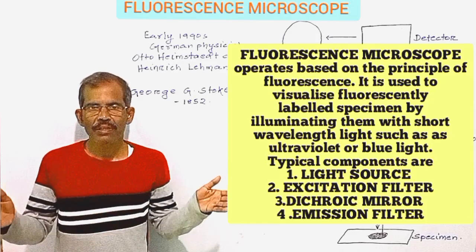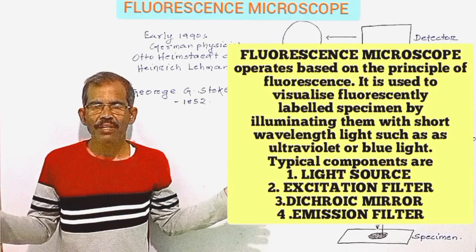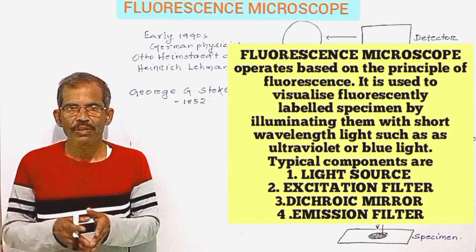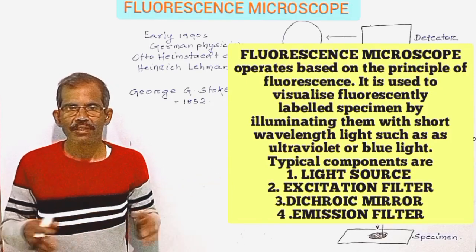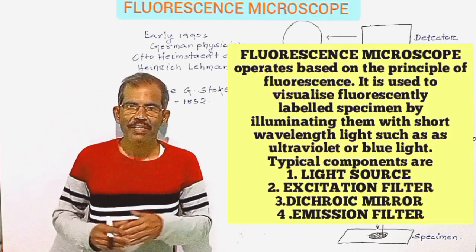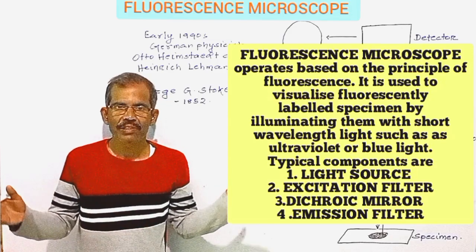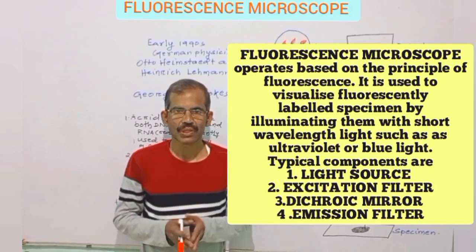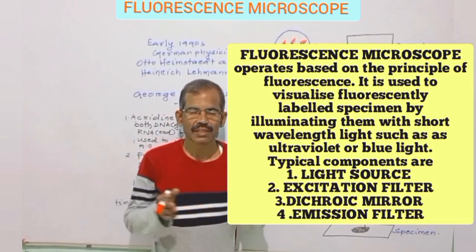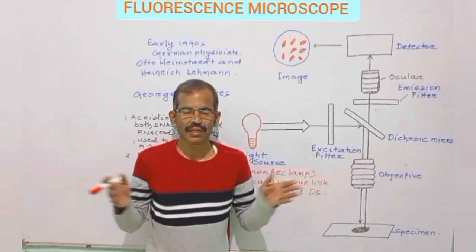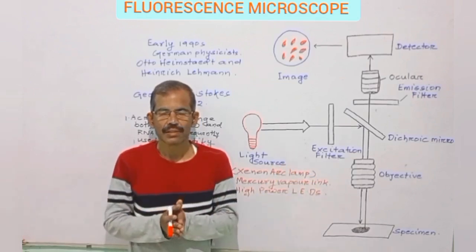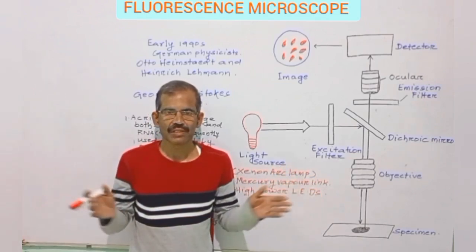When these fluorescently labeled specimens are exposed to short wavelength light, such as ultraviolet or blue light, their electrons are excited to a high energy state. The high energy electrons, which are unstable, then return to the ground state, releasing energy as long wavelength light. This is known as fluorescence.